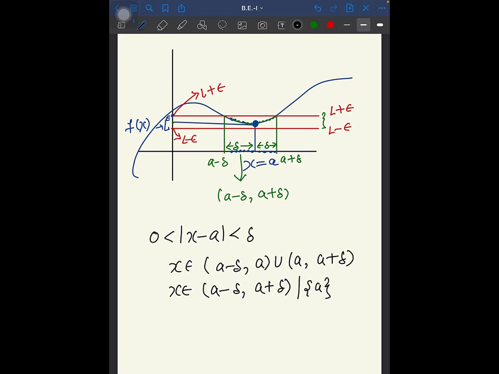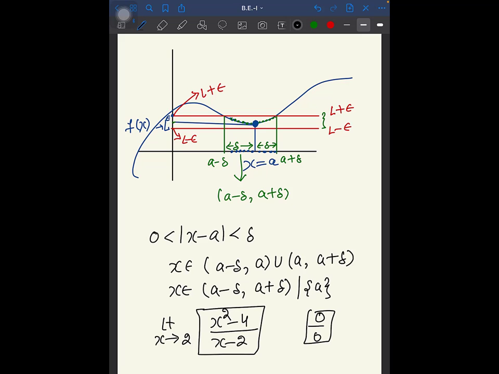Why? Because generally when you are talking about the limit at a certain point, that point may or may not be part of the domain. For example, here 2 is not in the domain of this function. Why? Because if you put 2 directly, it will become 0 by 0 form.